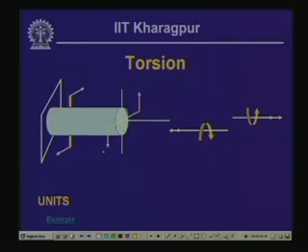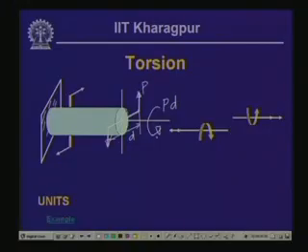If the bar is subjected to a load of this particular form, which we generally call a couple of forces, say these are the forces acting, one in this direction and another in this direction, and the distance between these two being d, and the force applied being P, then this particular bar, which is fixed at this end, will be subjected to a moment like this, the magnitude of which will be P times d.